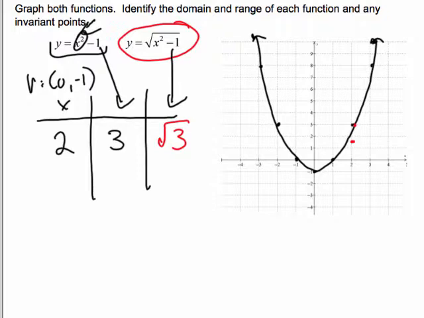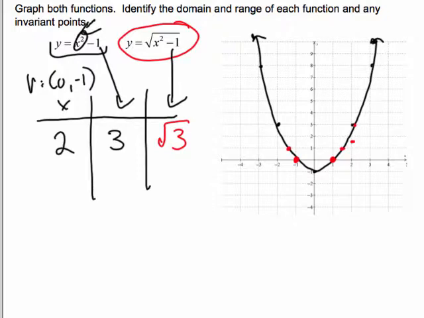Alright, let's just go point by point and take into account all the 4 things we talked about on the previous page. So first of all, wherever the original function has negative y values, which is right here, there's going to be no new graph, because you can't square root negative values. Where the original function has y values of 0, the new graph will have the same. So those are points on the new graph. Same thing with y values of 1, which would be here and here on the original graph.